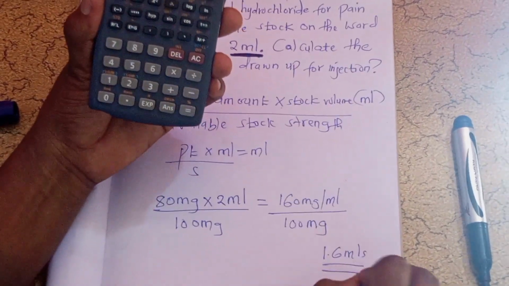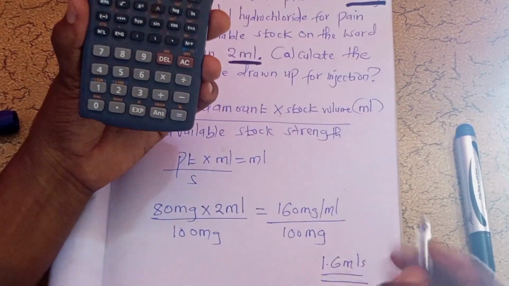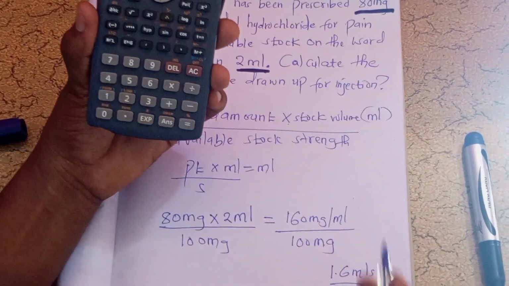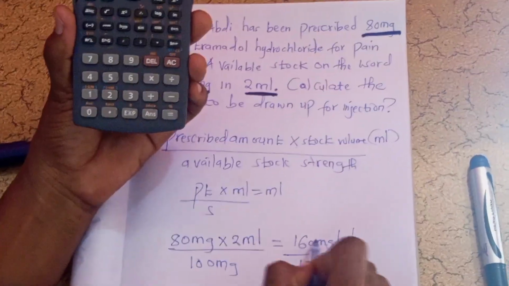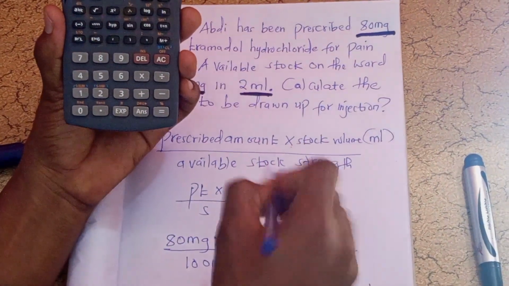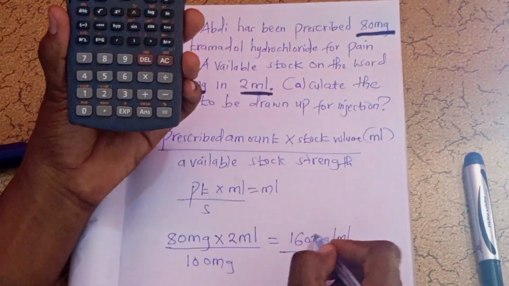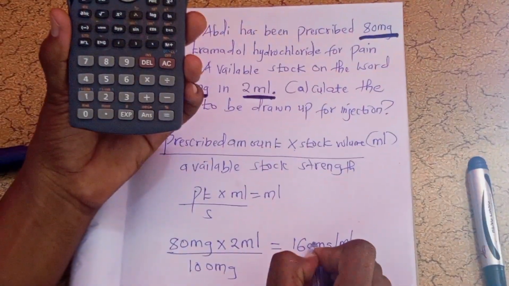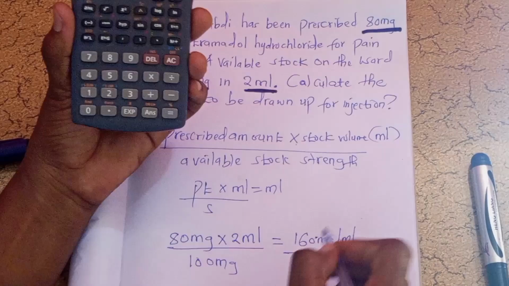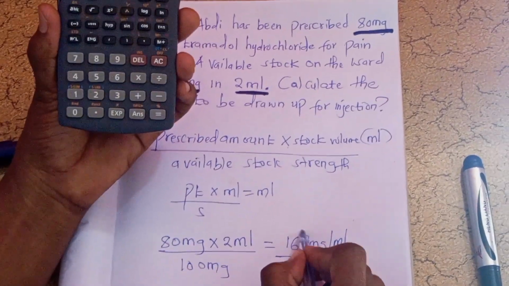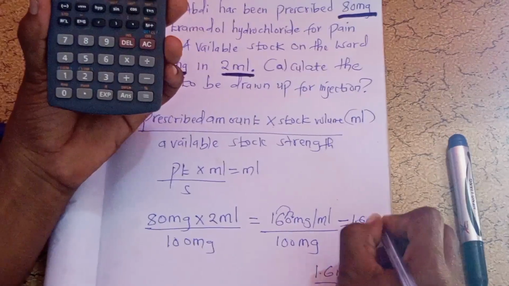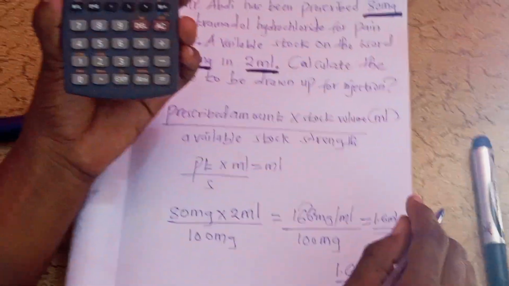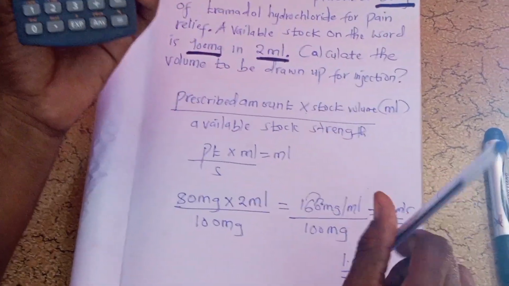So this is our final volume which we are supposed to draw up to give to the patient. Or you can move the decimal place: you need to move 2 decimal places, so 1, 2. That gives us 1.6 ml. So this is how you are going to calculate volumes for drug injections.